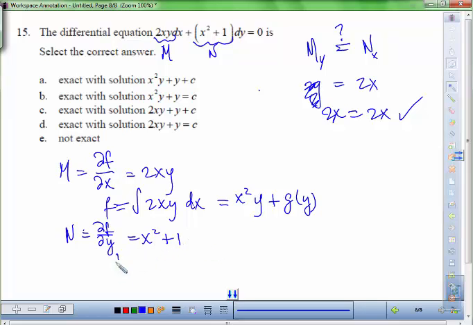We take the antiderivative to try to recover your original function with respect to y. And so this is x squared y plus y, plus some other function that could possibly have an x in it.